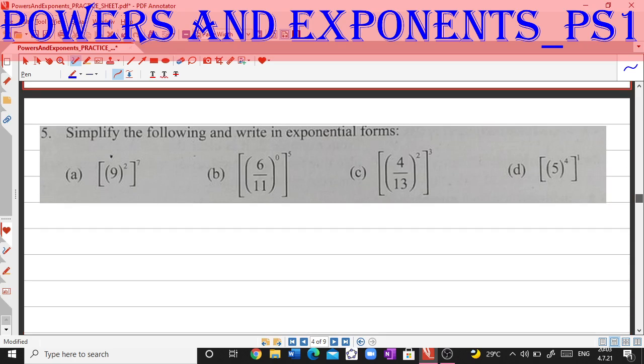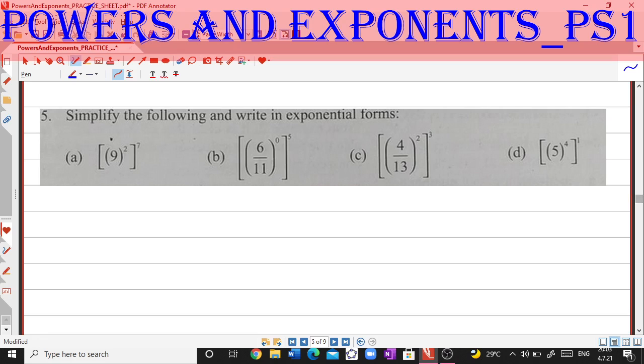Now here is the next question, simplify the following and write in exponential form. Looking at this, we have to use other exponential rules which we have learned. So the first rule is a to the power 0, and the value of this kind of exponential number is always equal to 1.